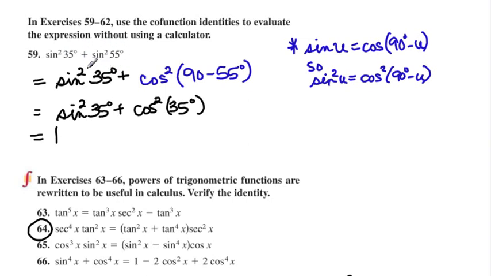So we know that sine squared of 55 is really the same thing as cosine squared of 90 minus 55, right? Because sine u is equal to cosine of 90 minus u. And likewise, if we square both sides, sine squared u is equal to cosine squared of 90 minus u. Well, what do we know about sine squared plus cosine squared of any angle? It is 1, so that result is just 1.